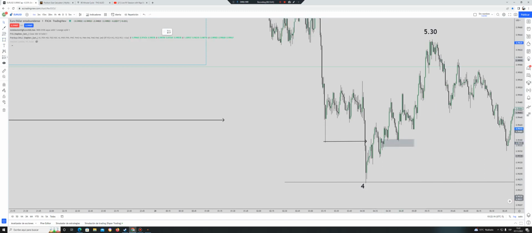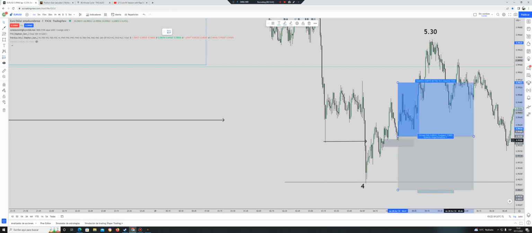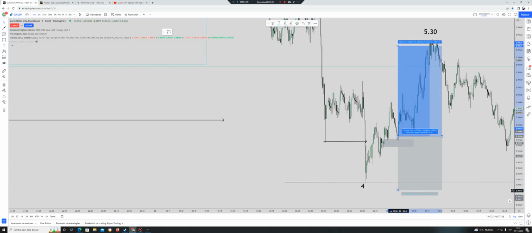You can place a buy there based on the 90-minute cycle, the second 90-minute cycle of New York, which is the one I use most. Imagine you put your stop loss below this low, because all of this is mitigated. So if price goes to this low, you won't be interested anymore.